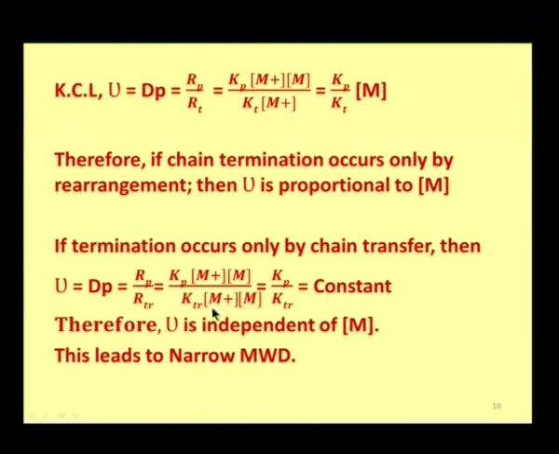By cancelling this and this, finally it becomes Kp by Ktr. This is equal to a constant. Therefore, we find that the chain length is independent of the monomer concentration. This leads to what is called a narrow molecular weight distribution.